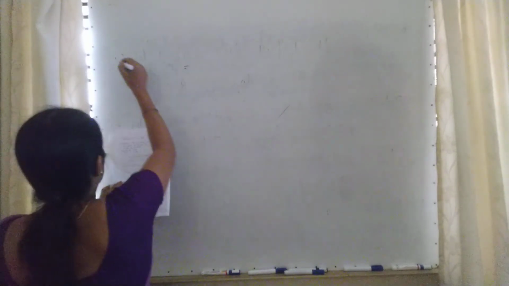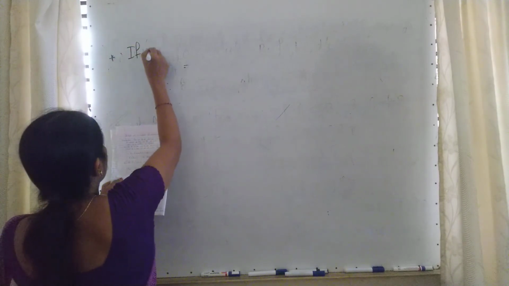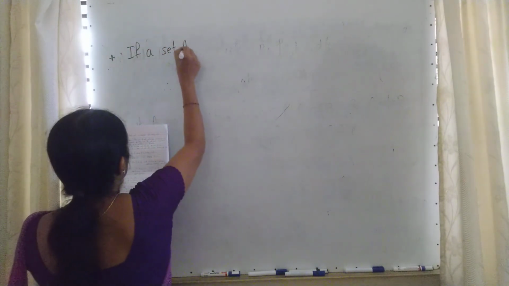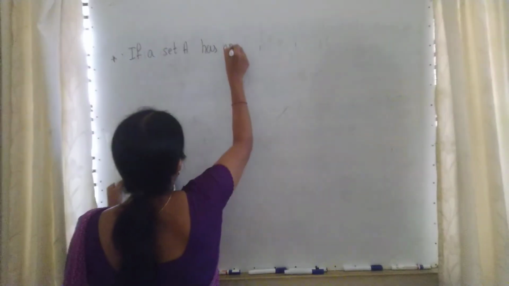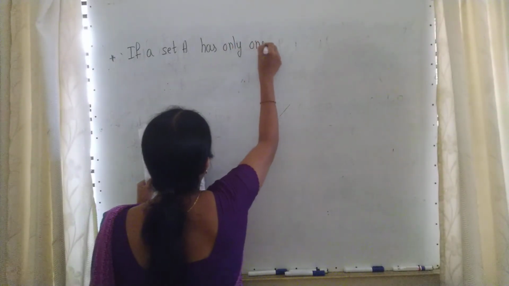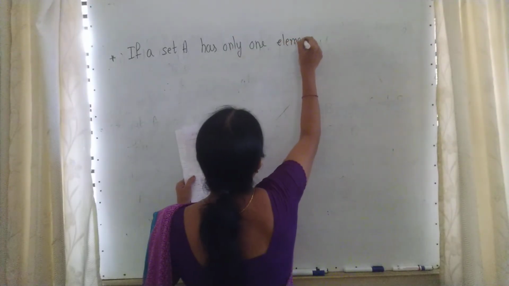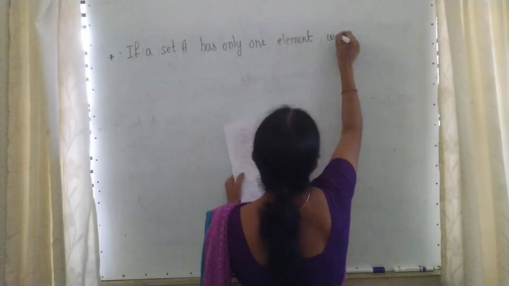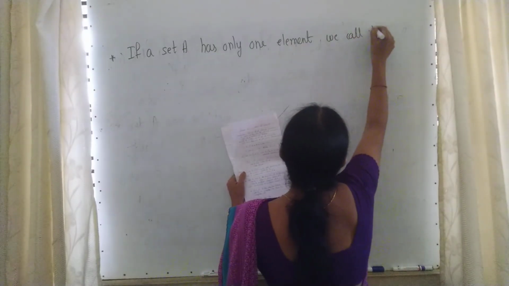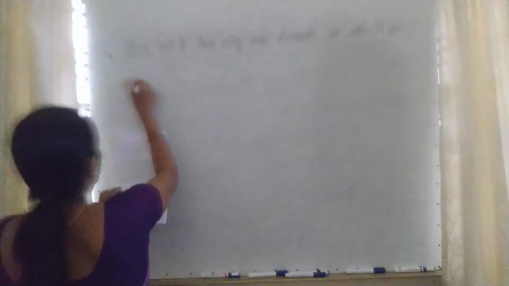Next, important definition: if a set A has only one element, we call it a singleton.